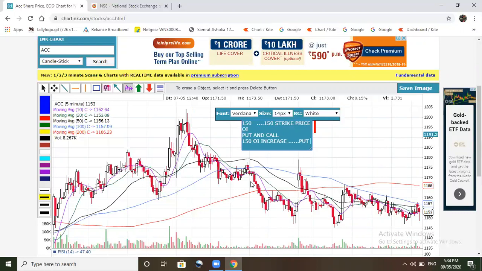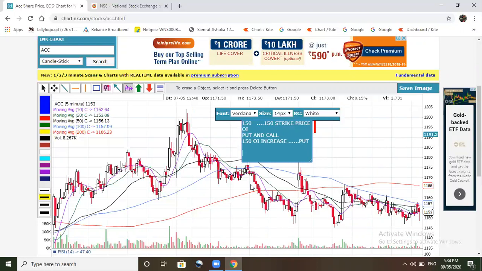We are just considering the call side now. Call side OI is increasing and price is increasing, so you say long buildup is there. Players are long in this stock, which means they are bullish about the stock.